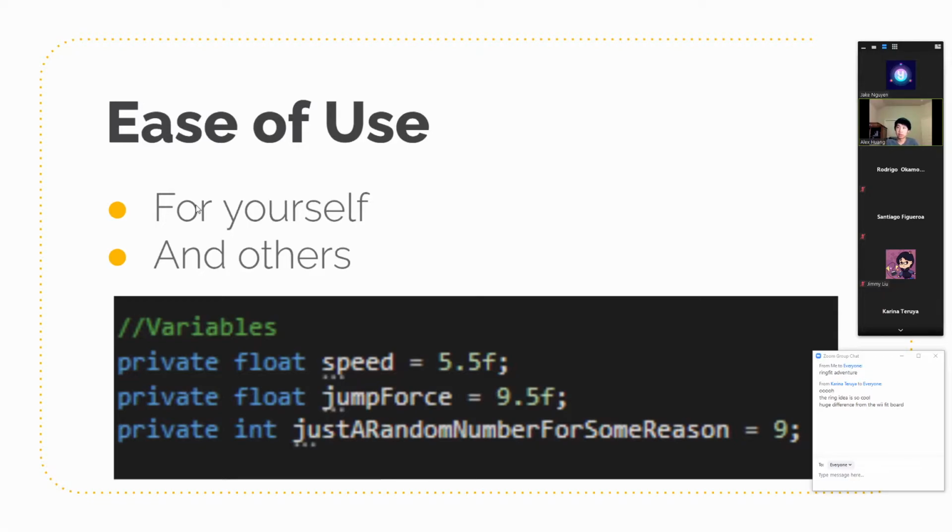What I mean by ease of use for others, I kind of already talked about before, but a really effective way to go about development in Unity is creating one game object that you can put in any scene, and it just works anywhere it's placed. So it's self-reliant, self-contained.